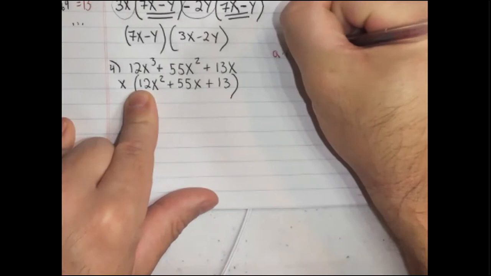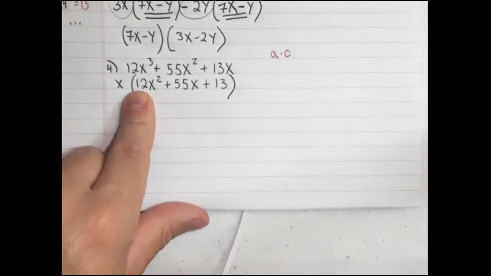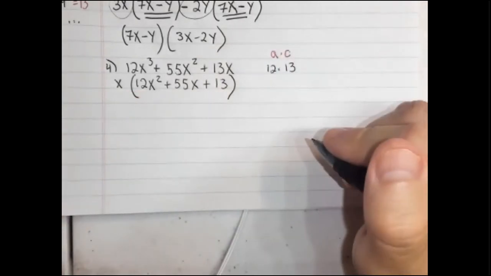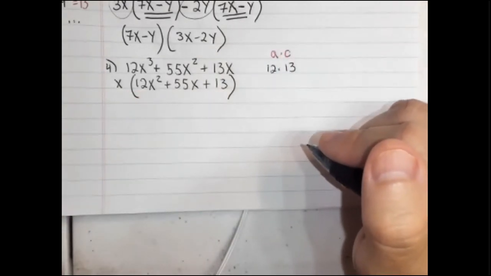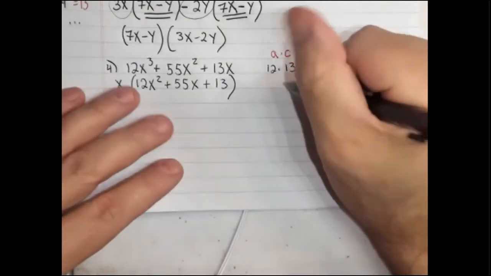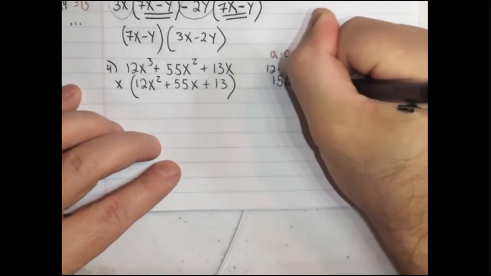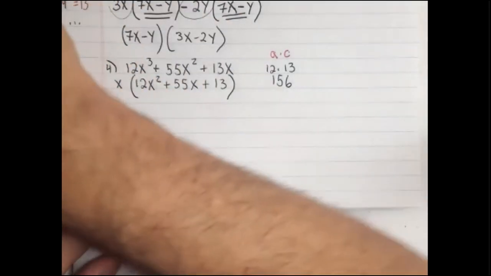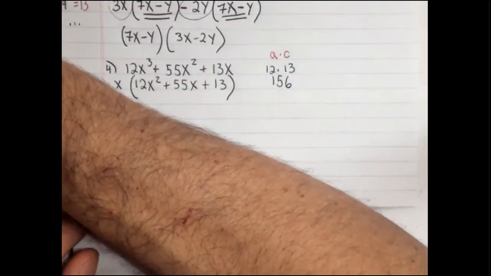And the grouping method starts by multiplying a times c. So 12 times 13 gives me 156.